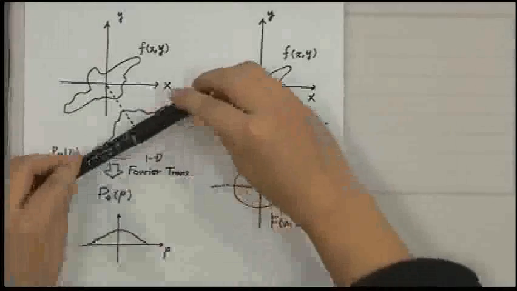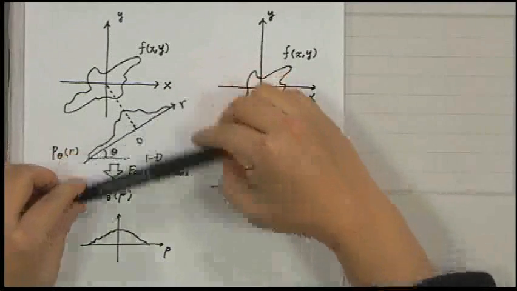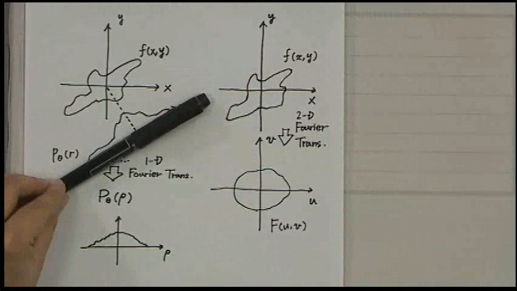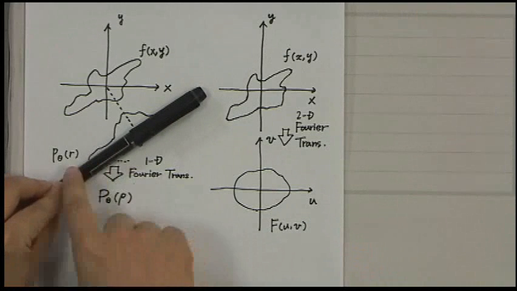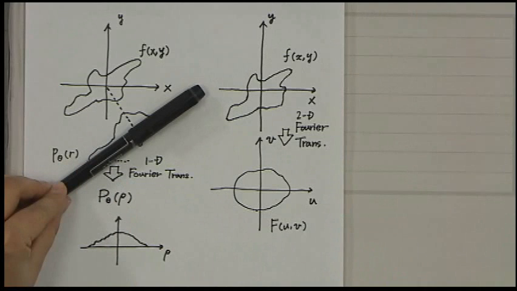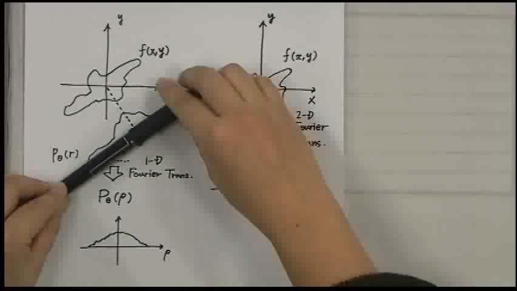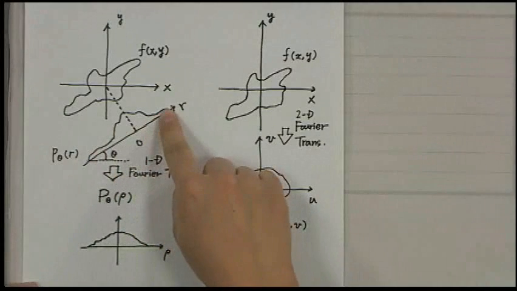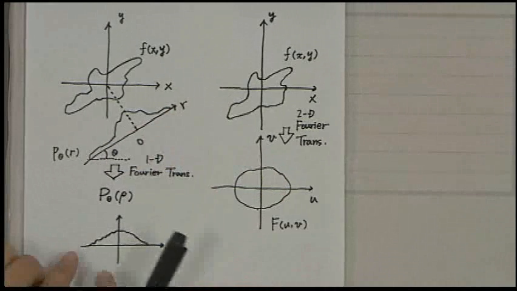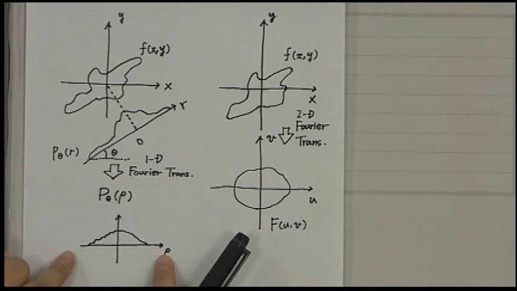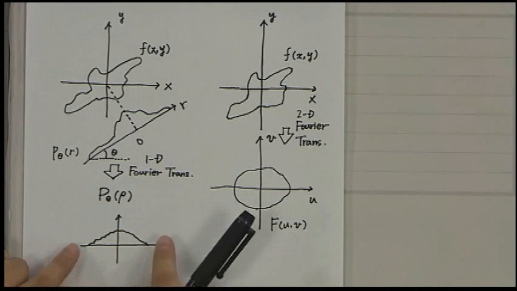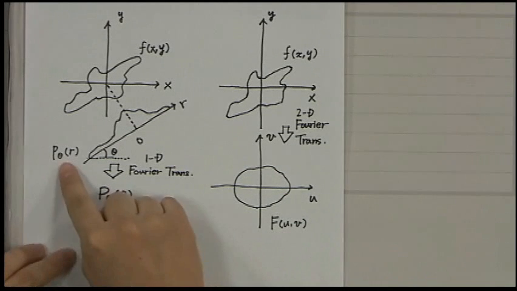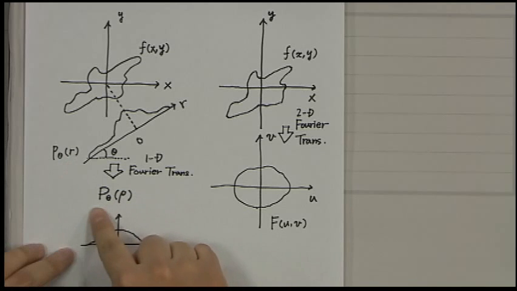I'm considering the line with angle theta, and I take the projection, which I call p(theta, r). Then we take a 1D Fourier transform of this signal, and we get some 1D signal as the Fourier transform of this, denoted by capital P.